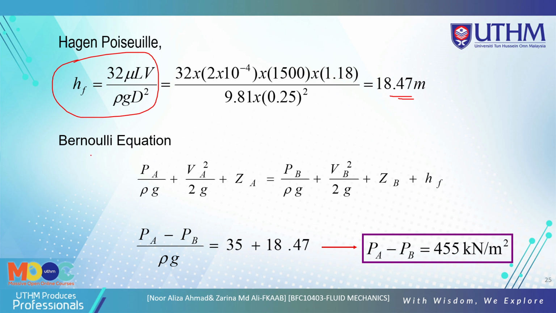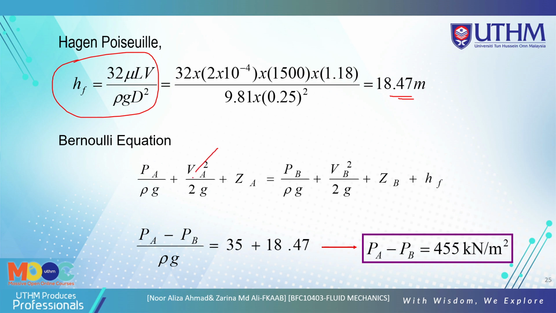Now using the Bernoulli equation or energy equation, based on section 1 to section 2 plus the HF, you can find the value of PA minus PB. ZB minus ZA is 35, and HF is 18.47.